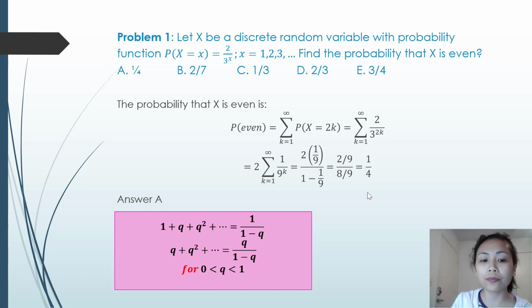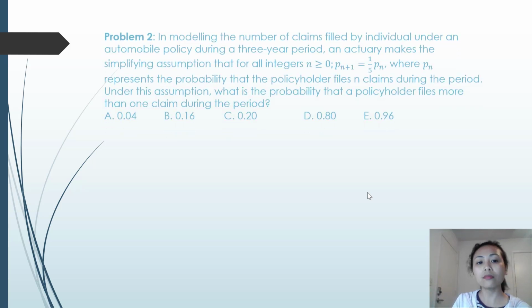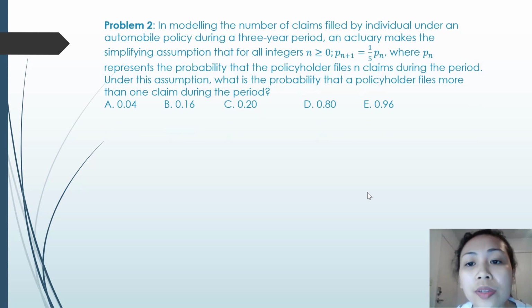Let's look at the second problem. In modeling the number of claims filed by an individual under an automobile policy during a 3-year period, an actuary makes the simplifying assumption that for all integers n greater than or equal to 0, p(n+1) is equal to 1/5 of pn, where pn represents the probability that the policyholder files n claims during the period.